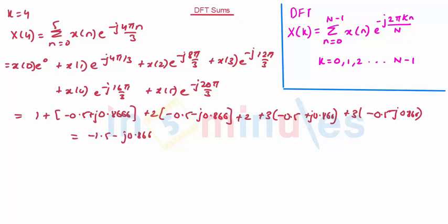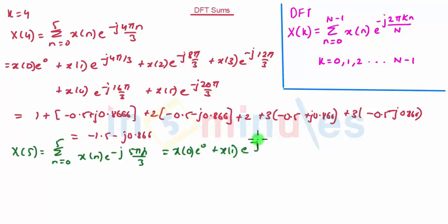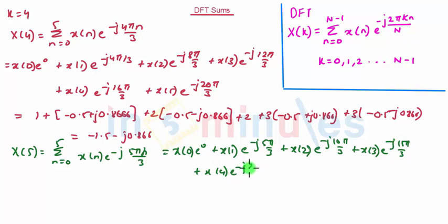And finally the last value, that is k is equal to 5, X of 5 is equal to summation n is equal to 0 to 5 x of n e raised to minus j 5 pi n by 3, which is equal to x of 0 e raised to 0 plus x of 1 e raised to minus j 5 pi by 3 plus x of 2 e raised to minus j 10 pi by 3 plus x of 3 e raised to minus j 15 pi by 3 plus x of 4 e raised to minus j 20 pi by 3, and finally x of 5 e raised to minus j 25 pi by 3.